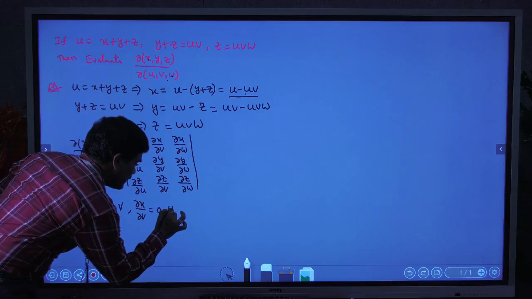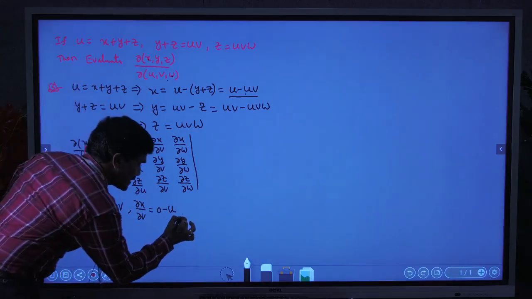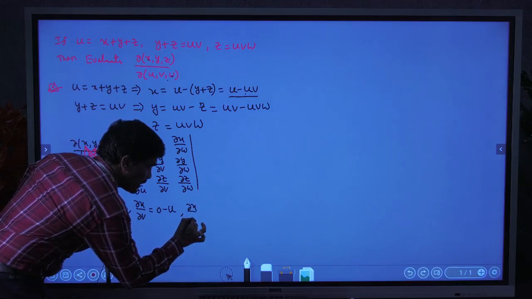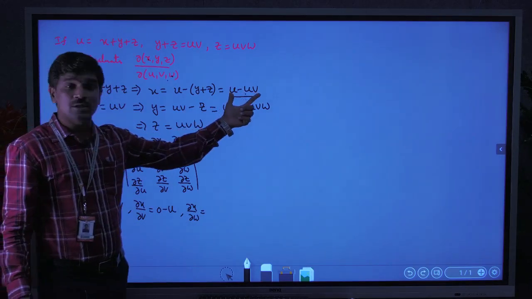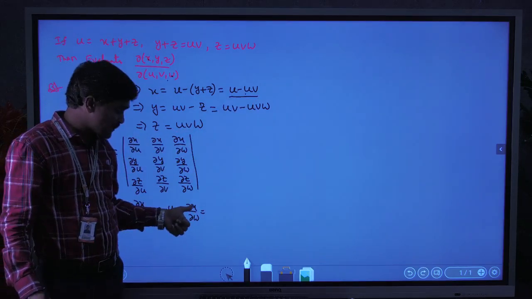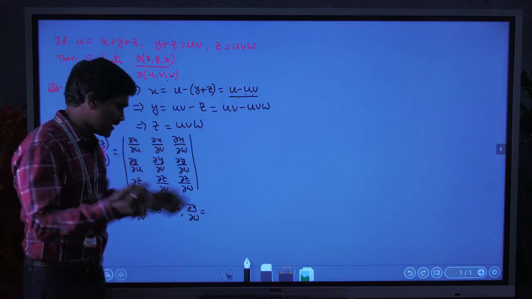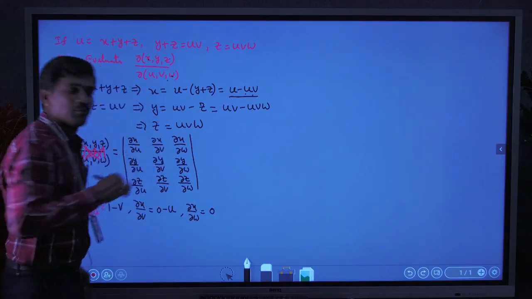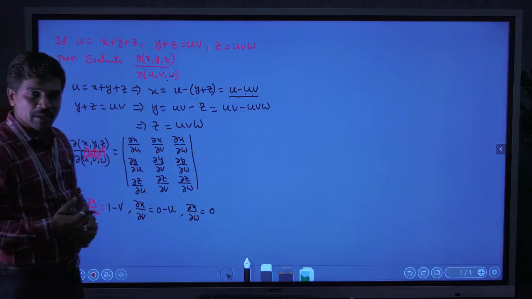So that's why we get minus u for ∂x/∂v. Next, for the same function with respect to w, ∂x/∂w. Now here the function is in u and v, but with respect to w, the total function is clearly constant. So that's why the derivative is 0. Right? So that is x with respect to u, v, w.